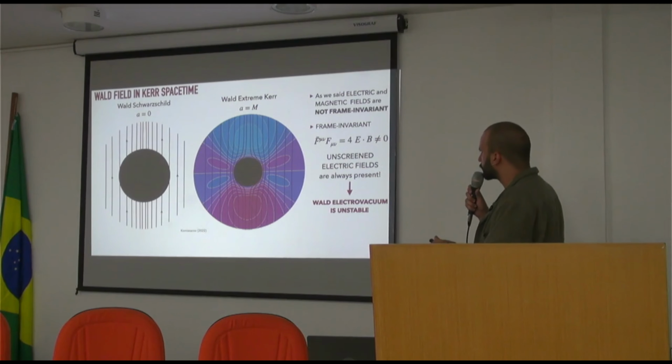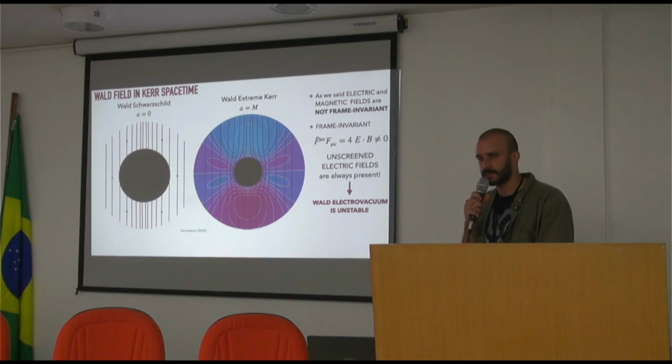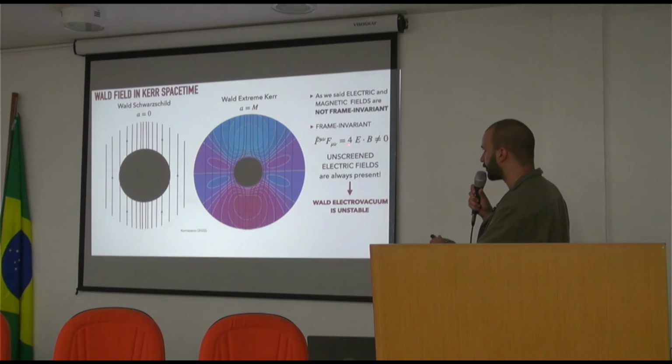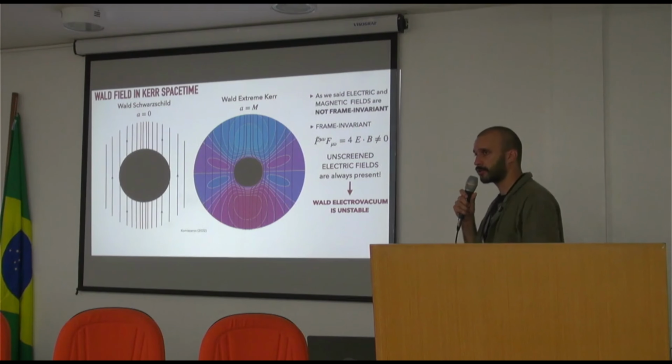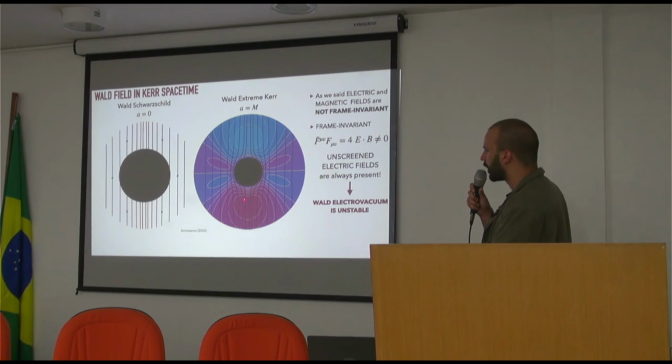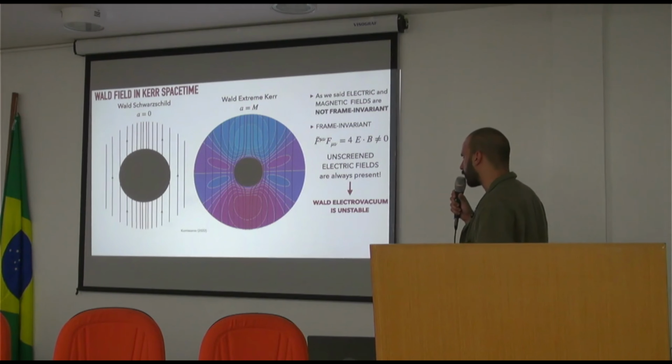That's true, but what is true is that we have frame invariance, and the frame invariant for the Wald solution is always different from zero, which means that no matter what kind of observer you consider, an electric field with a component proportional to the magnetic field will always be present. And this is illustrated by this plot, where, if I remember correctly, the pink regions go from -4 to the blue region, which goes to +4.